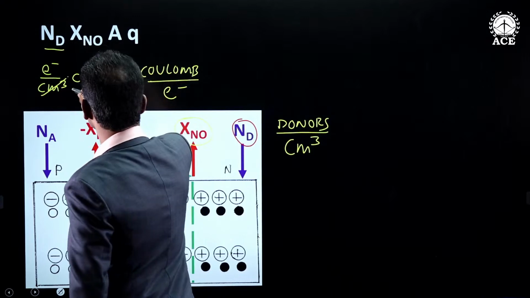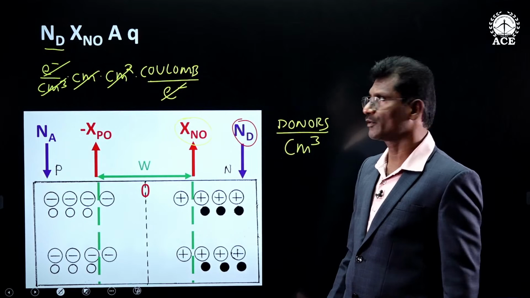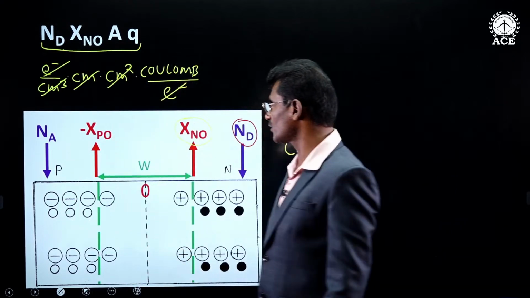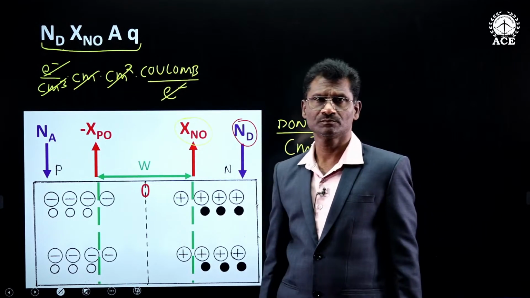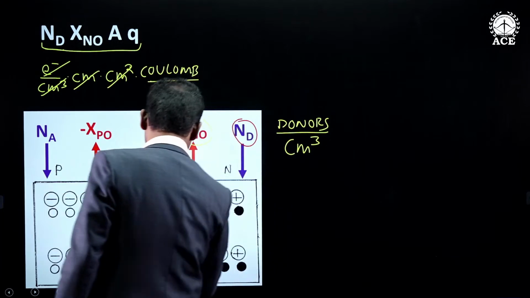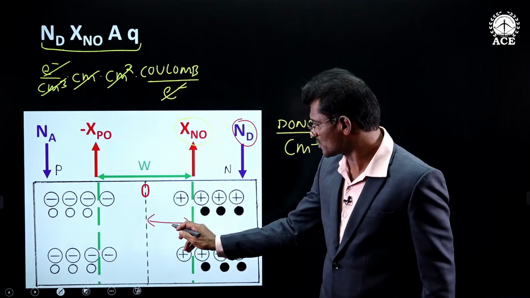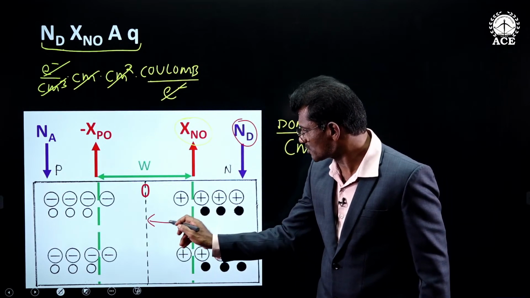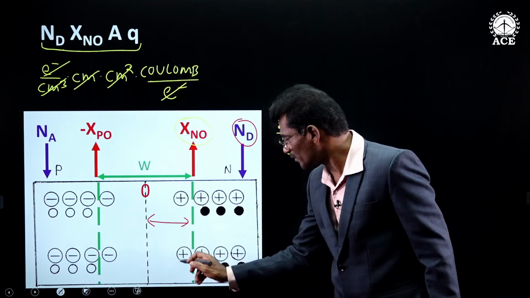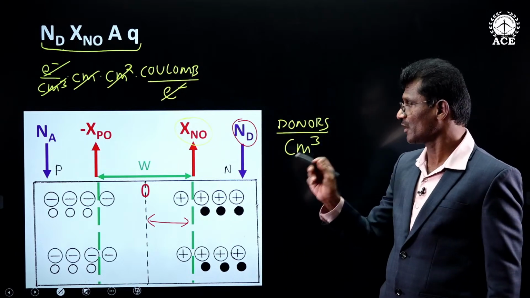If you cancel out, what is it that we are left with? Coulomb. That is the unit of this complete term. That is total negative charges lost in the depletion region of N side is given by this, called ND Xn0 AQ.